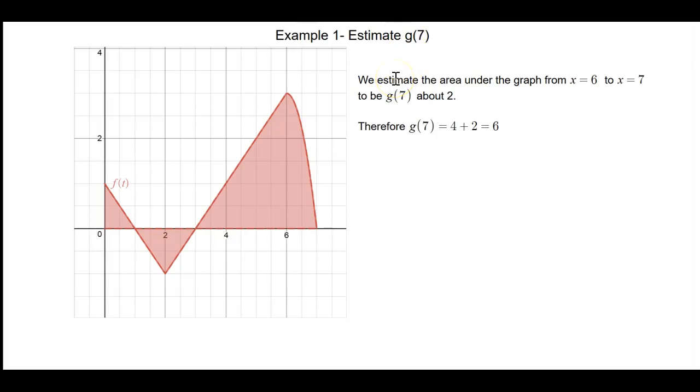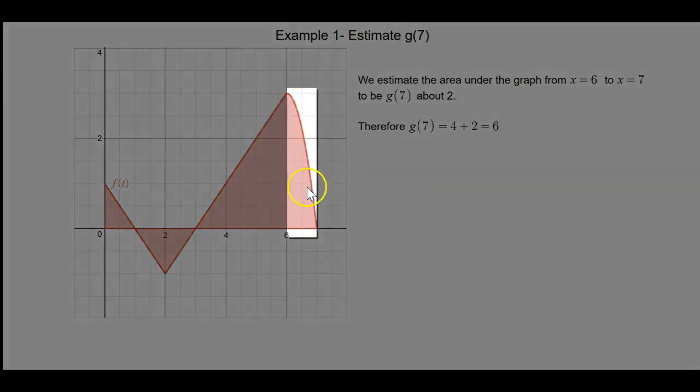So now this is from an example at the end of the section problems. It says to estimate g of 7. Since this is curved, we don't have a formula for it like for a triangle or a square, but I'm going to estimate it's about 2.